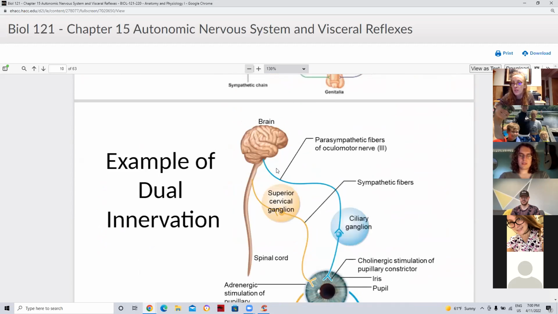Parasympathetic fibers of the oculomotor nerve coming out and causing contraction of the muscles of the iris, allowing for the pupil to constrict.